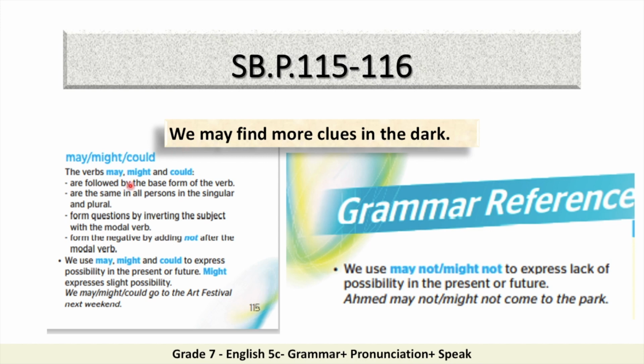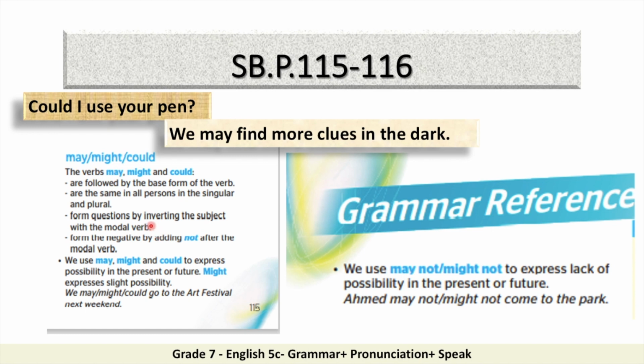Okay? The verbs may, might, and could form questions by inverting the subject with the modal verb. For example, could I use your pen? A polite request in the form of a question. I start with the modal verb, then the subject. Could I use?